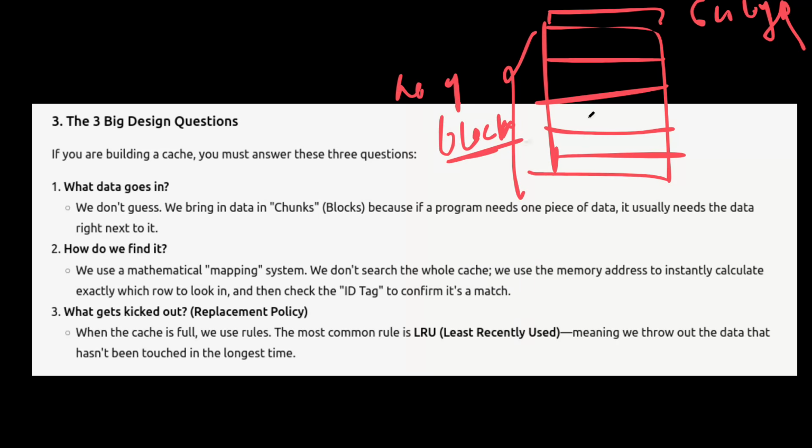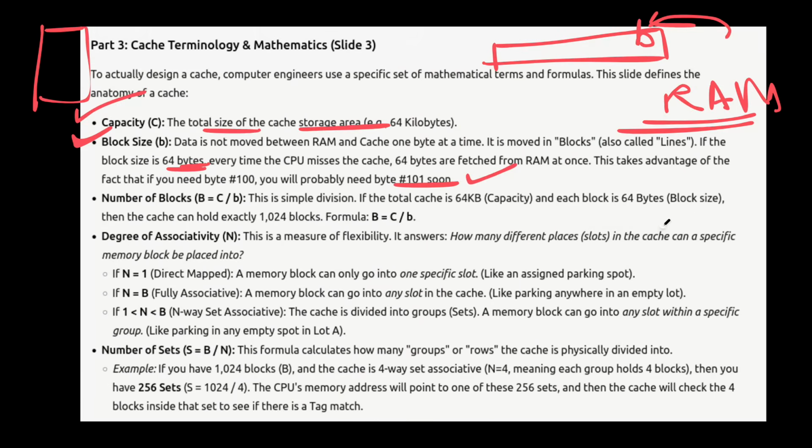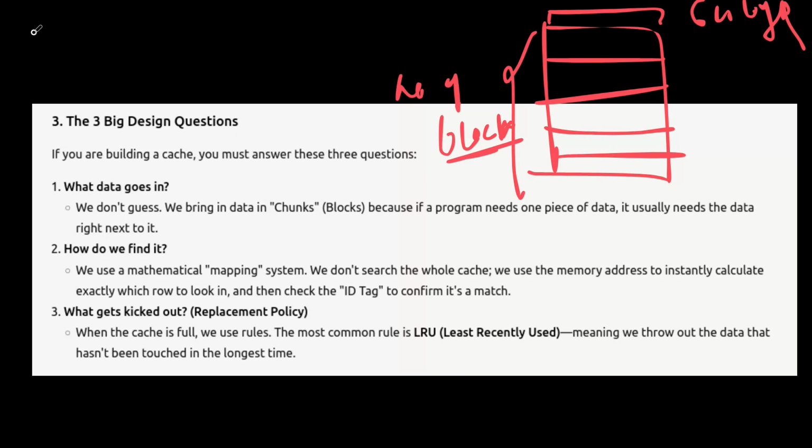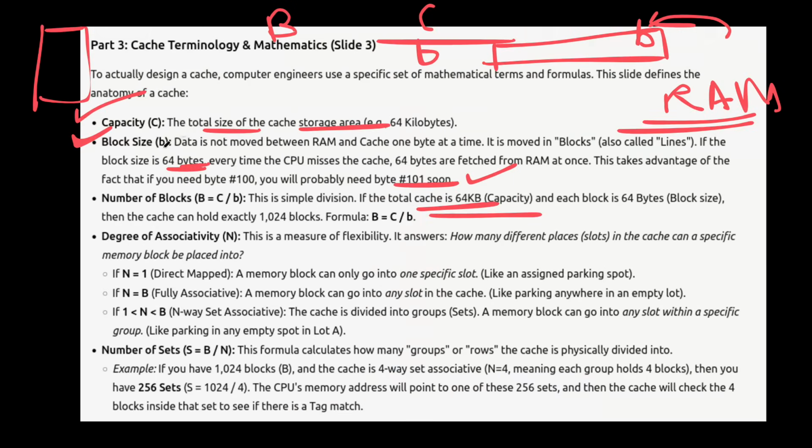The total number of blocks, denoted by capital B, is the total cache capacity C divided by the block size b, small letter b. So B = C / b. Understood? This is how you calculate the number of blocks.